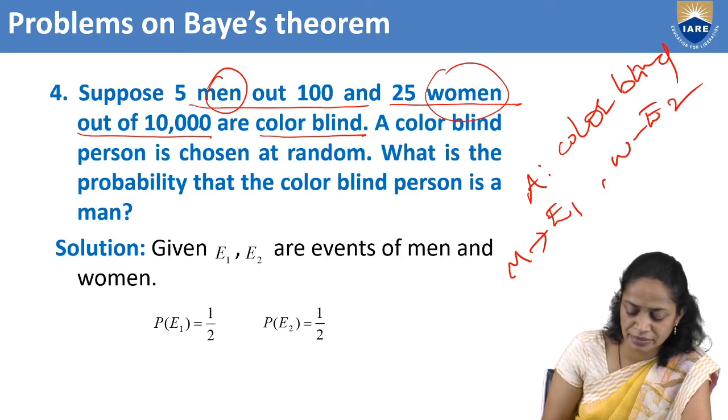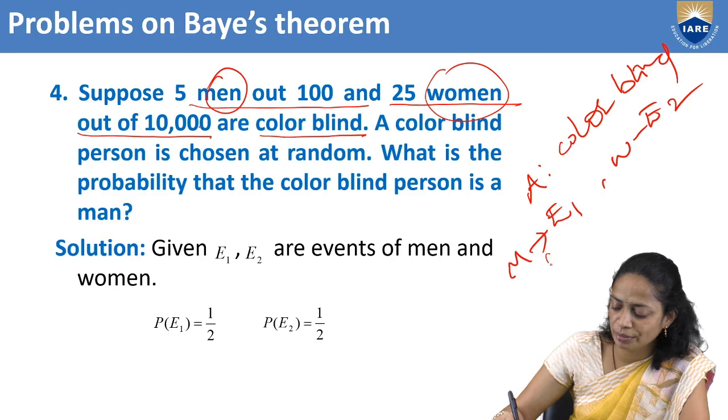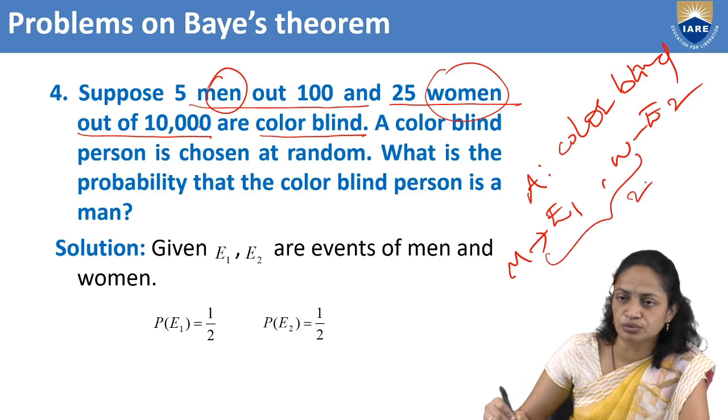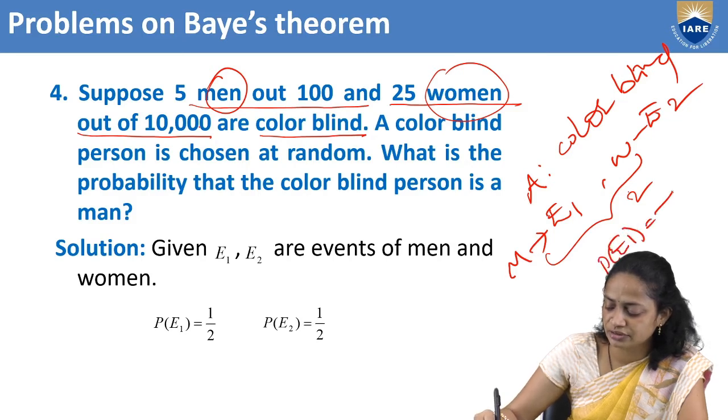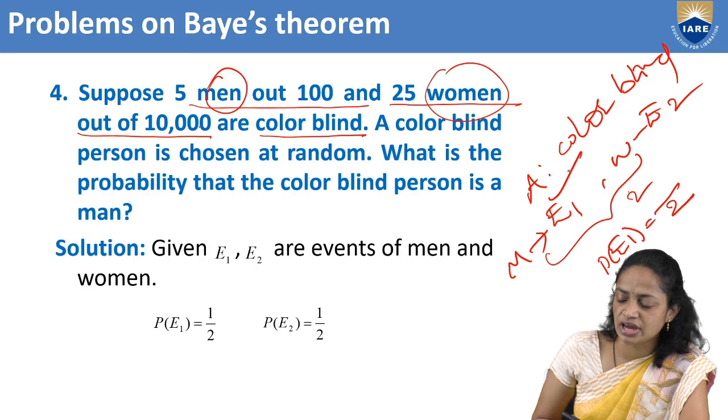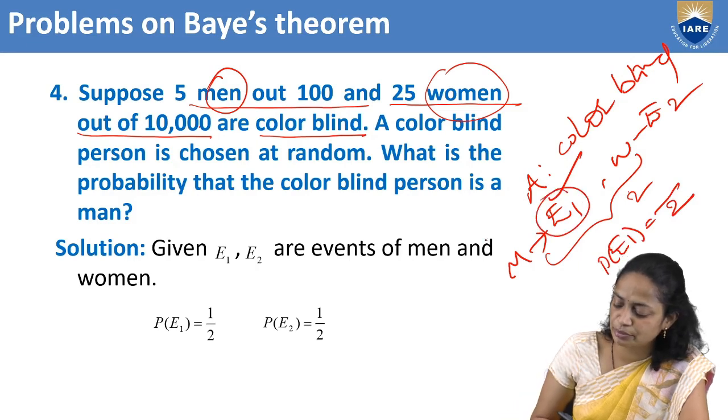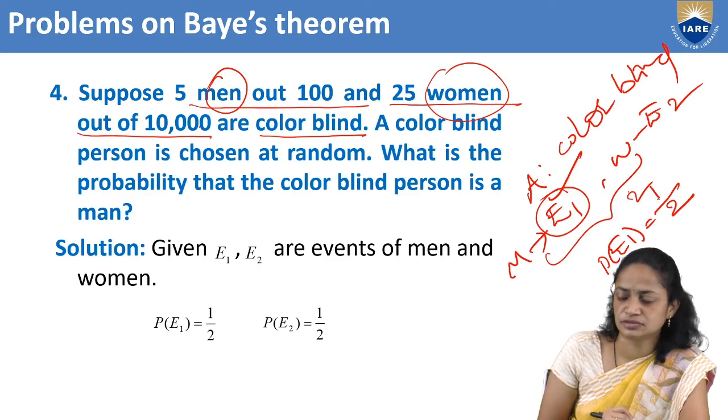So find the probabilities for E1 and E2. How many possibilities are there here? 2, men and women. So for E1, total number of events is 2. In that, the favorable event is only men, so that is 1. So 1 by 2.